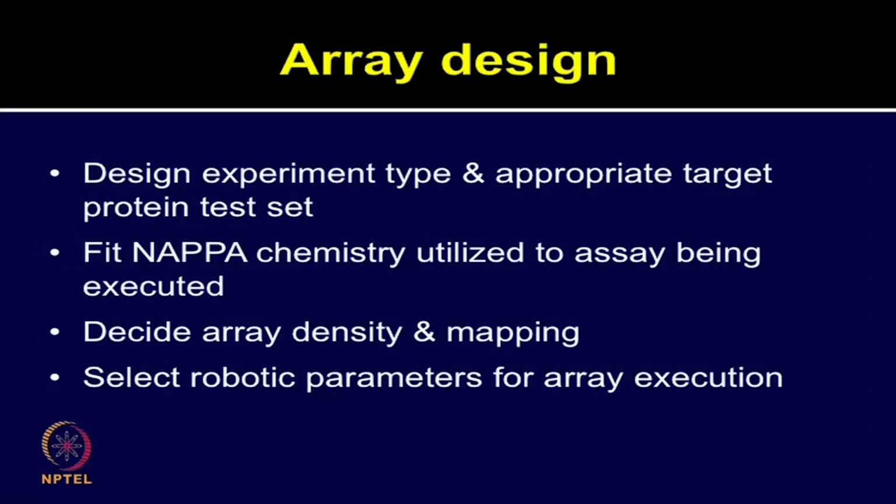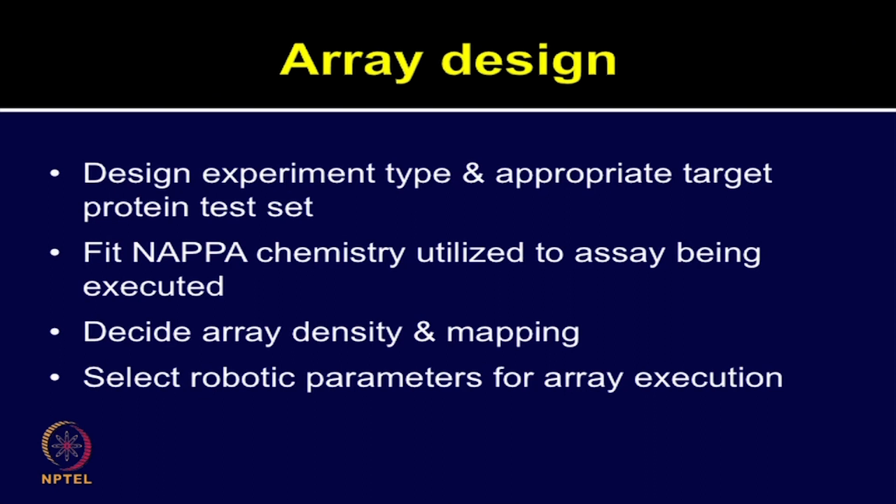So, let us start with the array design first. As I mentioned, a lot of thought process goes into designing these experiments. One needs to perform a thorough literature review, or look at the experimental objective carefully, even before moving forward with any type of microarray printing. So, design the experiment type and designate an appropriate protein test set.